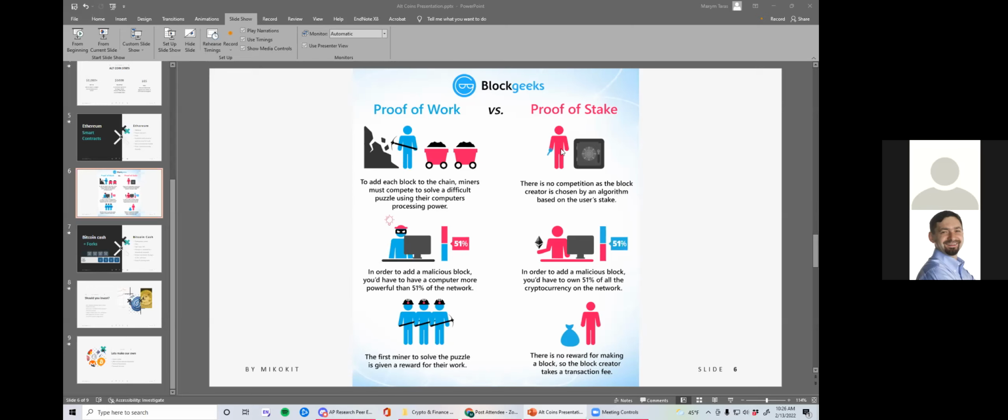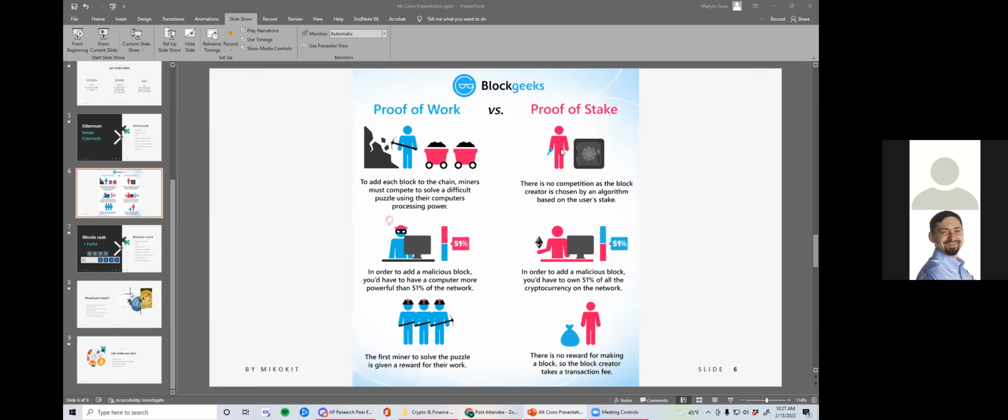So proof of stake specifically, the blocks are verified by people who own coins, and the coins act as a collateral for the chance to validate blocks.